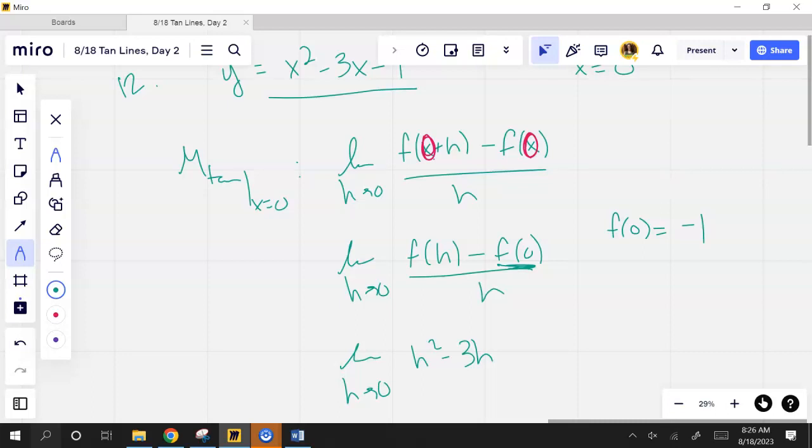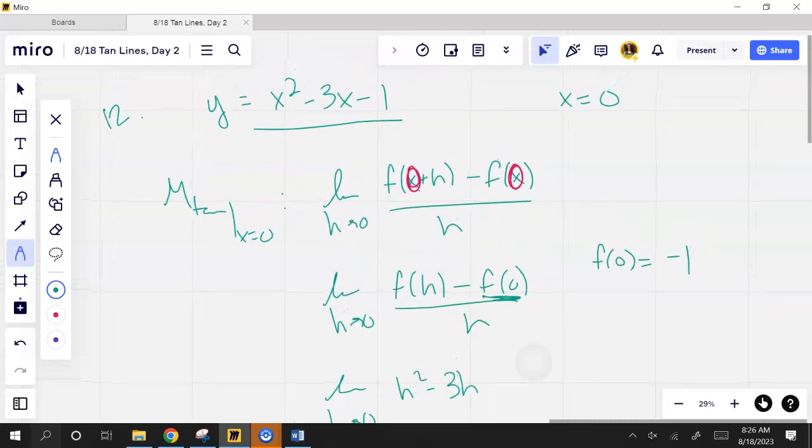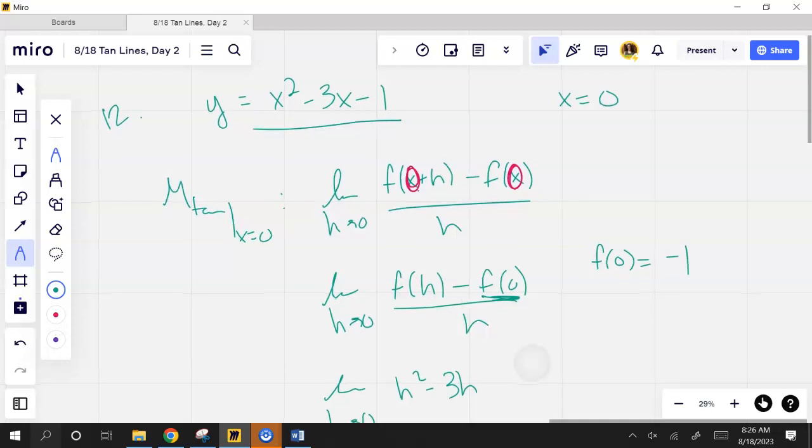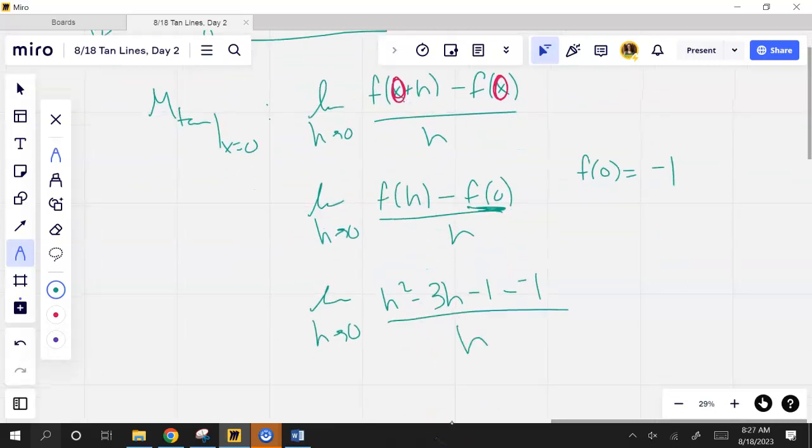Did this one not work? Should have. Oh, I didn't do the minus 1 here. That's why. And now I do minus negative 1. That's right. I got you.